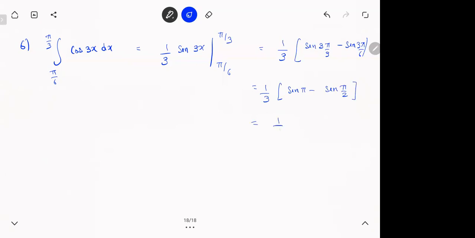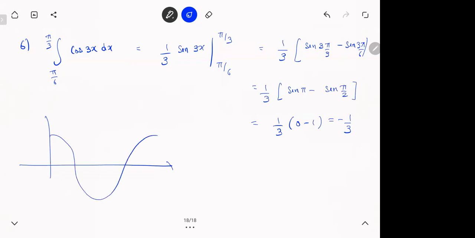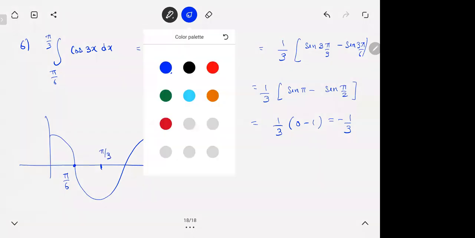So if you see, this is 1 by 3, 0 minus 1, minus 1 by 3. This guy, if you try to draw it on a graph, this was pi by 6. This was pi by 3.